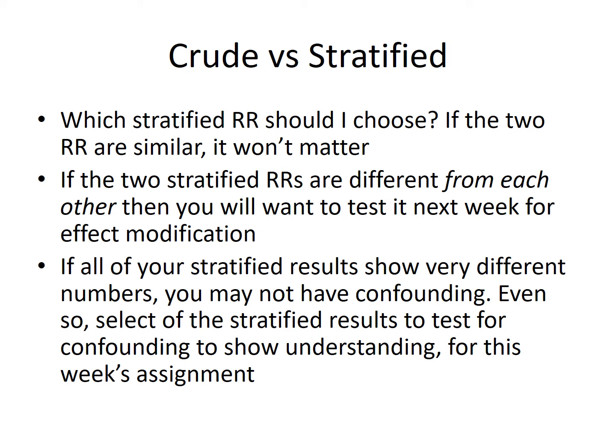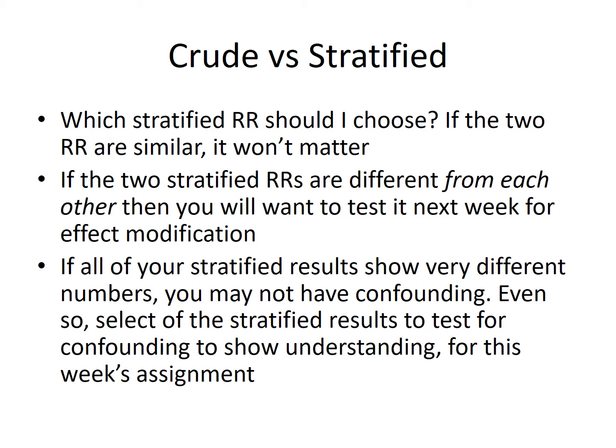If they're really different from each other, then you will probably want to use that to test next week for effect modification. So when you do the stratified risk ratios, look for examples where the two risk ratios are really different from each other. Choose the one that's the most different for next week when you do effect modification.